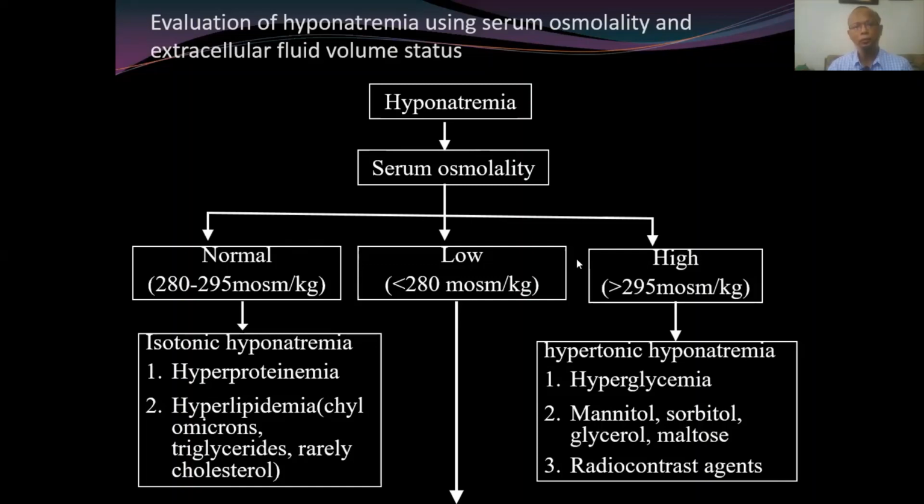And in case of high osmolality, that is more than 295 milliosmol per kg, you will get hypertonic hyponatremia, mainly if there is hyperglycemia, or if you give mannitol, sorbitol, maltose or glycerol. Even in case of radio contrast agent, when you use it for IVU, there may be hypertonic hyponatremia. So this classification you should remember.